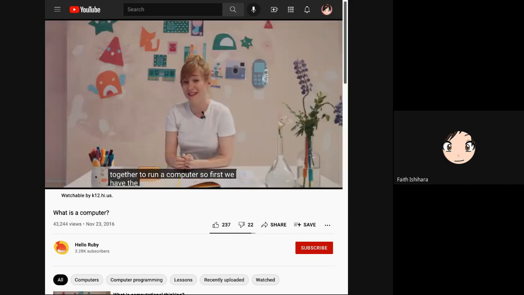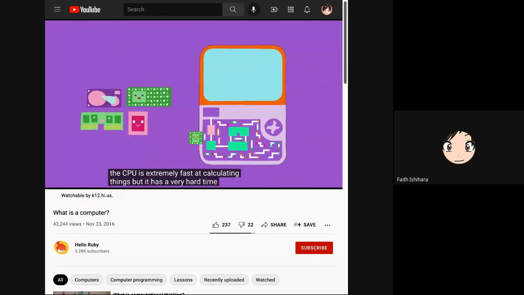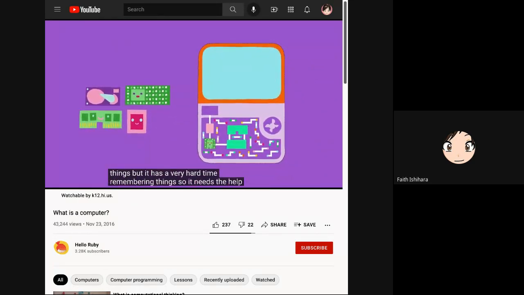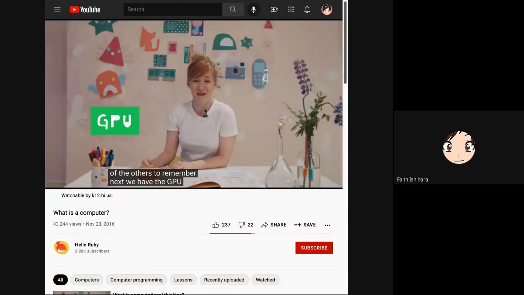So first we have the CPU. It's very good at bossing everyone else around, but it has a hard time remembering things. The CPU is extremely fast at calculating things, but it has a very hard time remembering things, so it needs the help of the others to remember. Next, we have the GPU, the graphics processing unit.